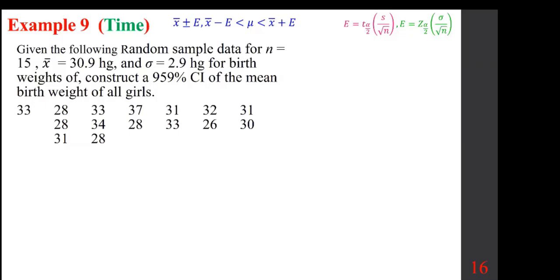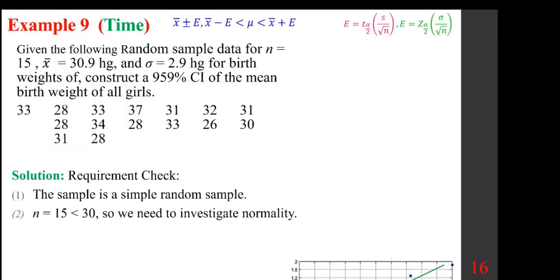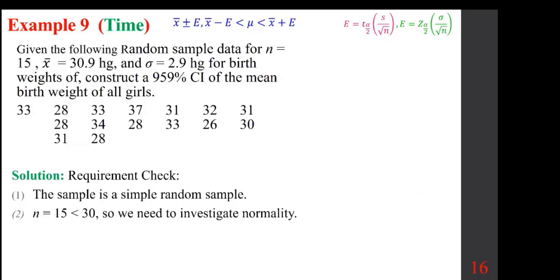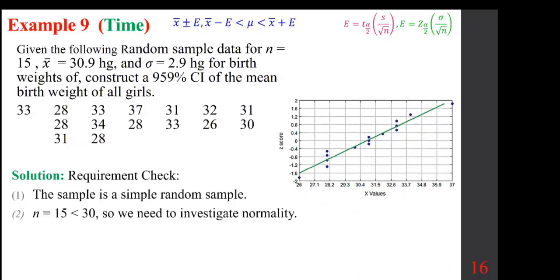So you basically check the normality. You look at the requirements: simple random sample, n must be larger than 30, and it's not. So you have to investigate normality. I'm not going to go over that. We've seen this before. Remember, the x and y values are the z-scores. Because it's almost normally distributed, then you can use the formula.